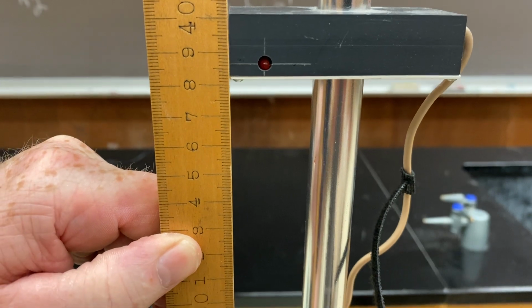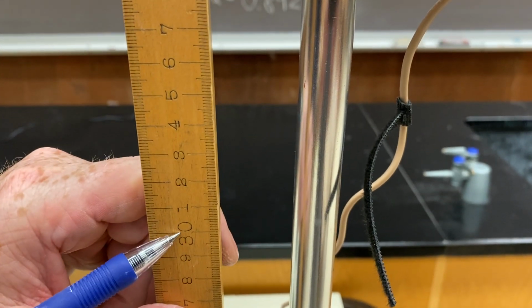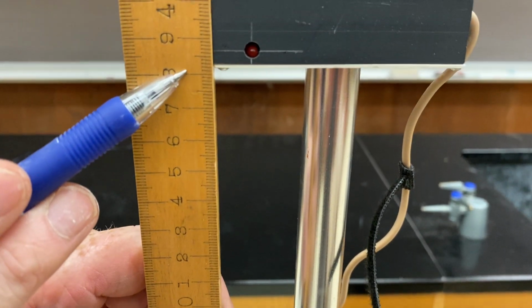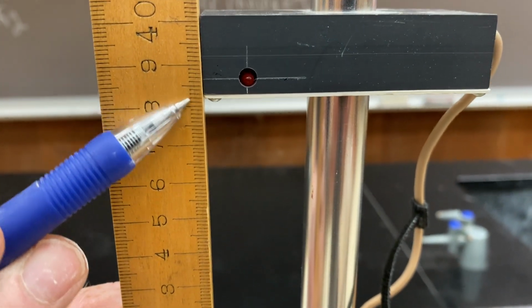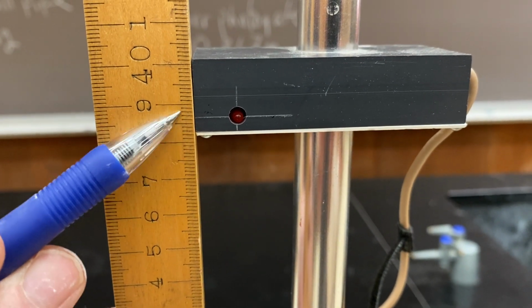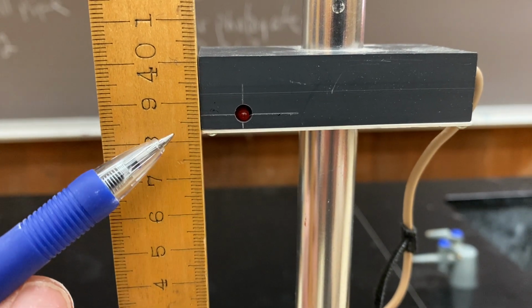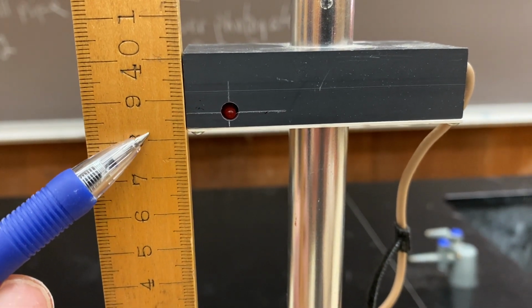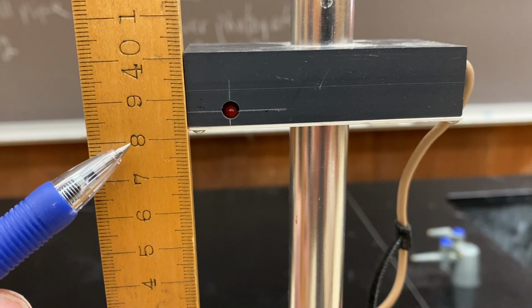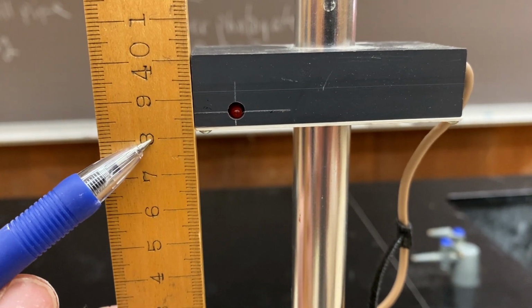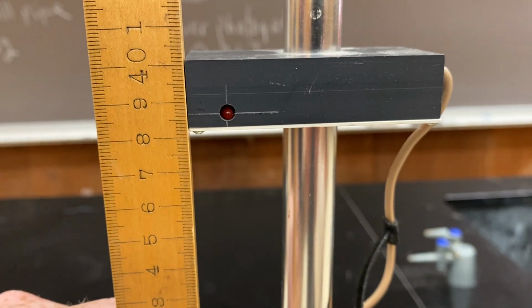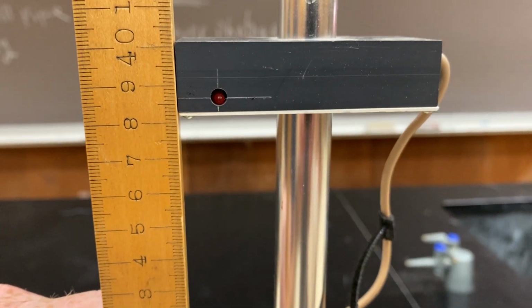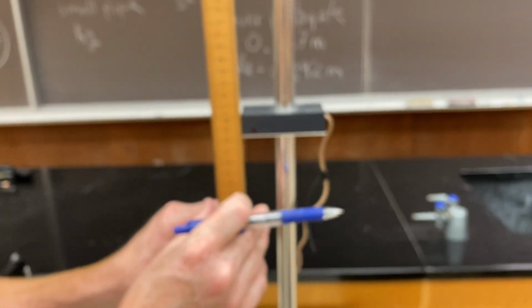What is it? 1.38. And then you want to count those millimeters, and that's going to give you the value down to the nearest thousandth of a meter. So it looks like it's probably 1.386 or 7.